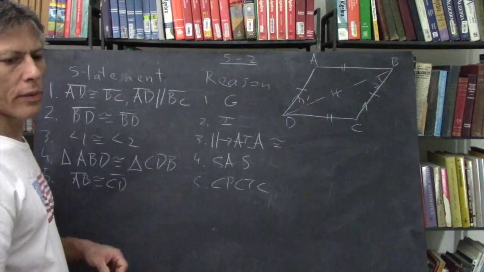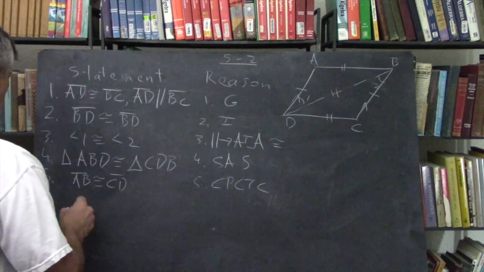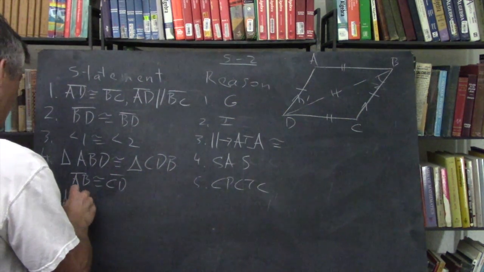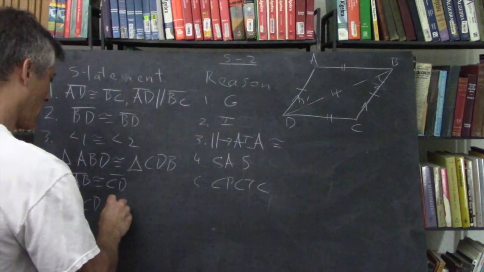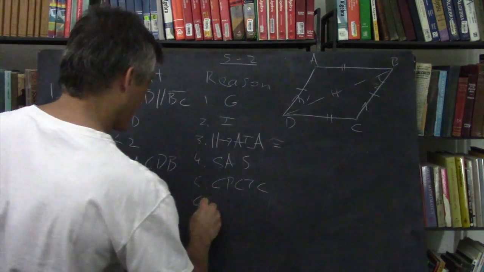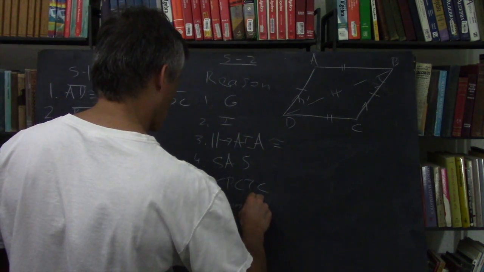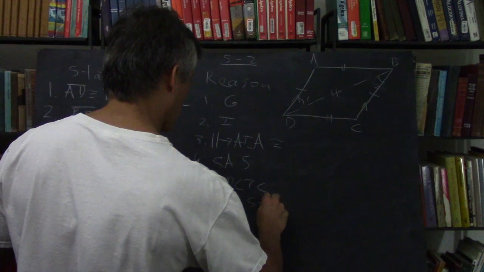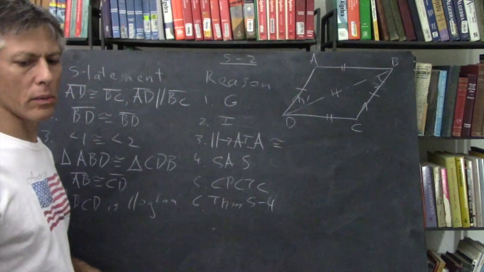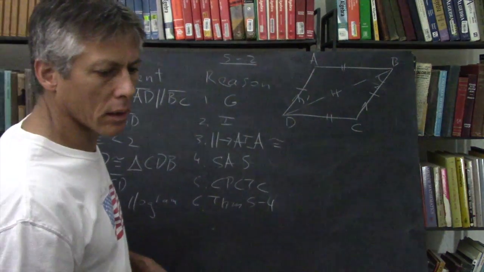And therefore, by theorem 5.4, ABCD is a parallelogram. Done with another one. All right, on to the next two.